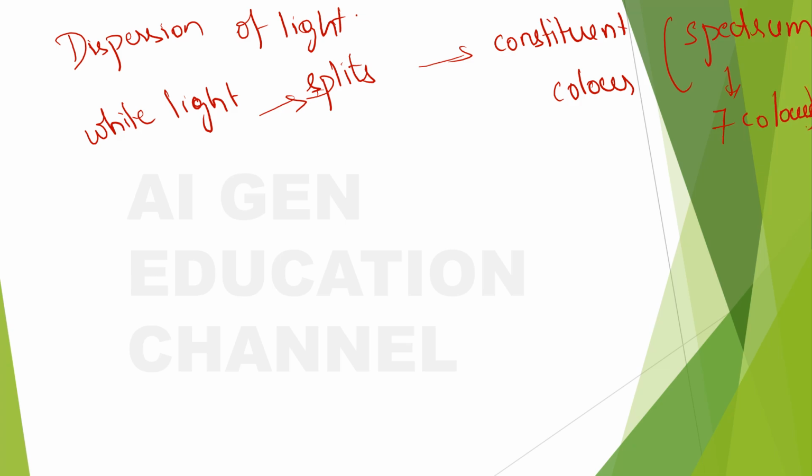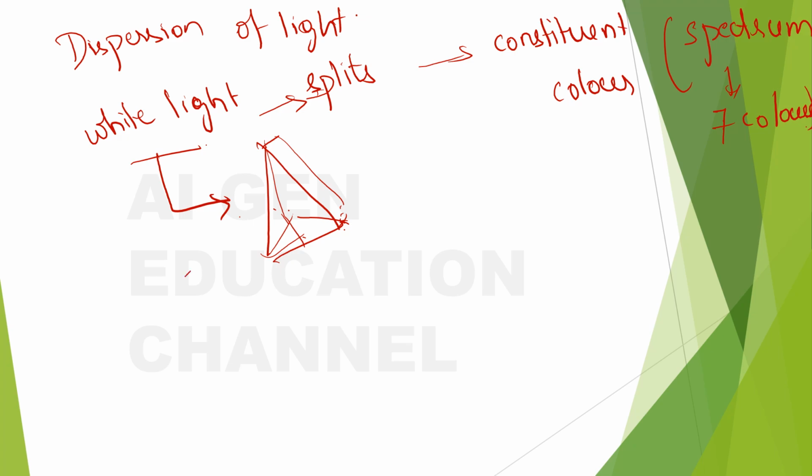But when will this split happen? How will it happen? It will happen when white light passes through a prism. When white light passes through any prism, because of the concept of refraction, the white light splits into its constituent colors.